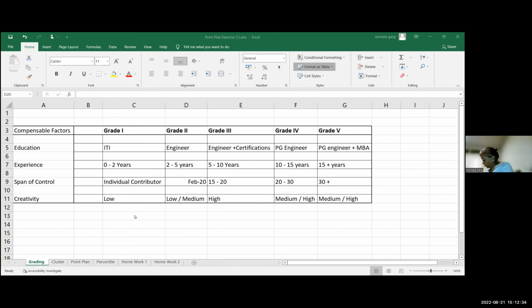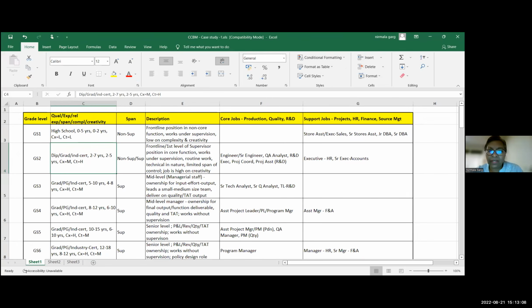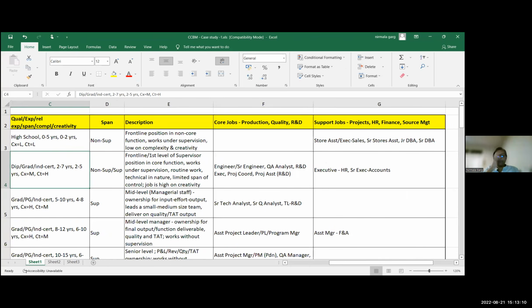There are 20 positions in quality, projects, HR, finance. So take any 10 positions and do job grading, and map them into their respective grades.